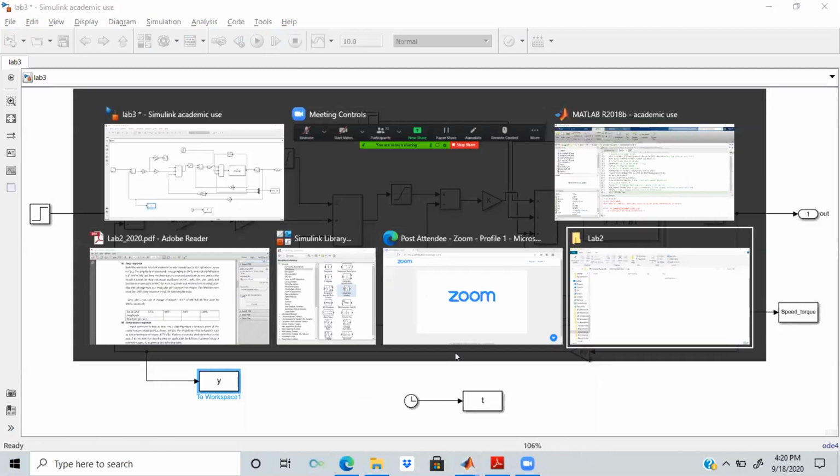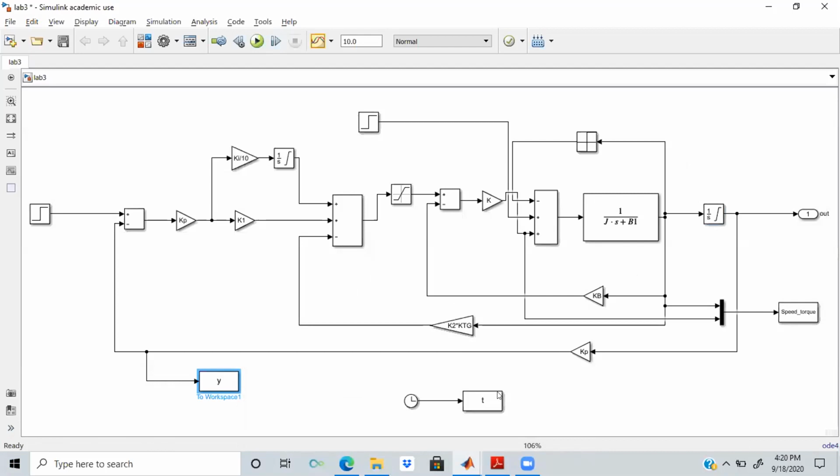Sir, what is the meaning of clock decimation? Clock decimation in the properties for the clock. You don't give anything. Whatever value is there, take it as it is. Your time also, double click on the T and make it array.